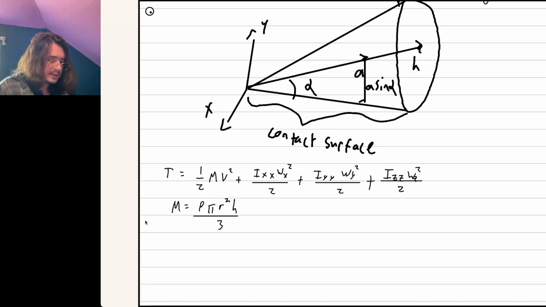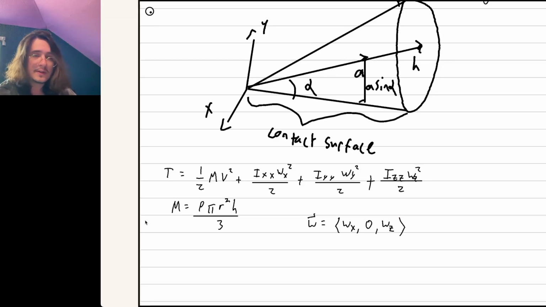I'm going to choose x. So omega is just omega x, 0, omega z. There's no y component really, because it's just kind of perpendicular to the whole situation.